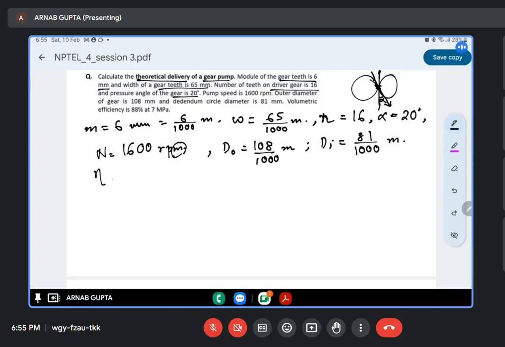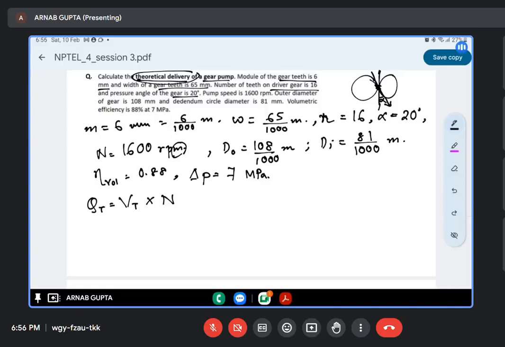They have also mentioned volumetric efficiency as 0.88 and the head against which it is acting is 7 megapascals. So the question has asked you the theoretical delivery. So what is theoretical delivery? It is the theoretical discharge. QT is nothing but the theoretical volumetric displacement into your RPM. Right.